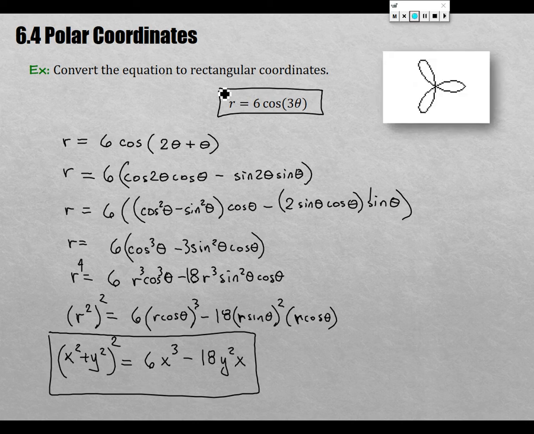Did you get this nice curve? I feel like maybe some modern calculators can type this in. If you type this in Desmos, you'll get the same picture, okay?